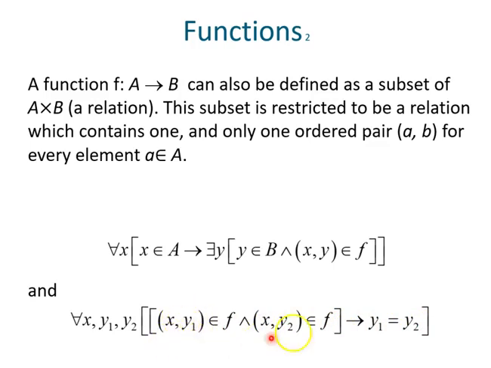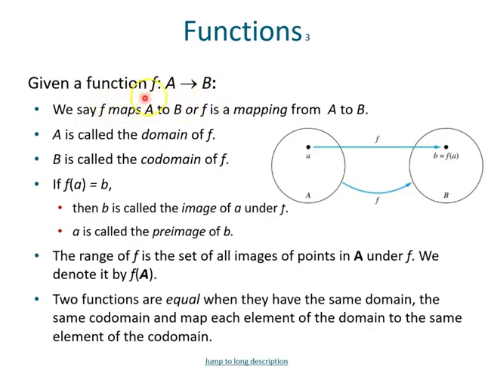That is, the second requirement is that there is only one pair that starts with x for any x from the set A. Given a function f from the set A to the set B, we say f maps A to B, or f is a mapping from A to B. A is called the domain of f, B is called the codomain of f.